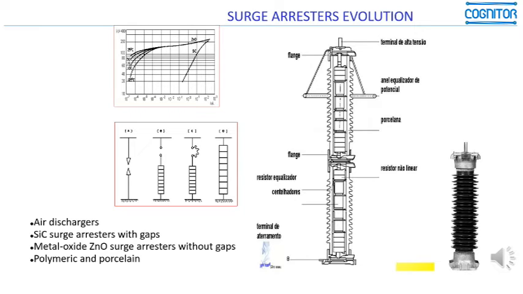In the case of explosion, very big pieces of porcelain can be thrown a long distance because the pressure inside is extremely high, and these pieces can injure people, or more probably can damage the porcelain of the bushings of the transformer nearby.